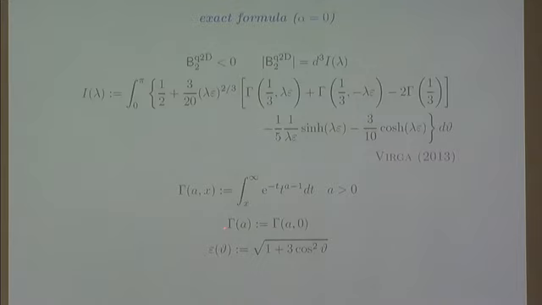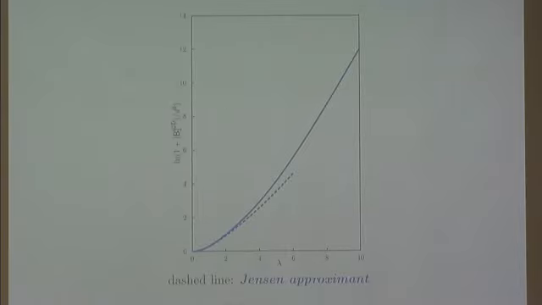Gamma here is the incomplete gamma function, and gamma of a is simply the complete gamma function where x is set equal to 0. And this epsilon here is indeed a function of theta. So this is the exact expression for the long-range dipolar second virial coefficient.